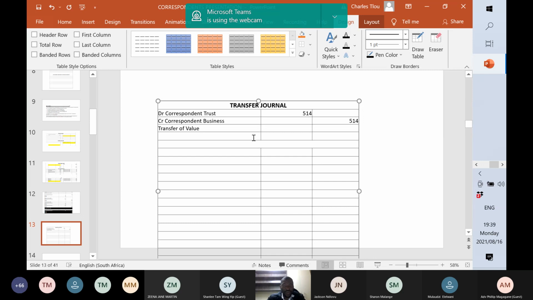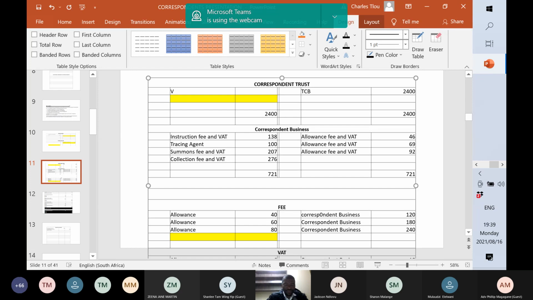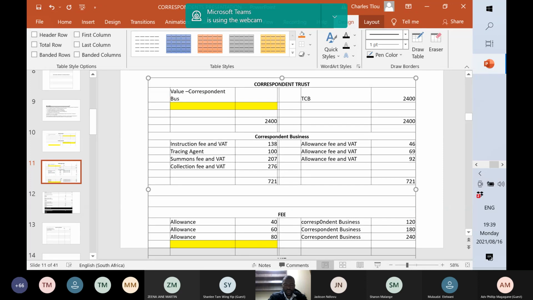Now, as soon as you record your transfer journal like this, you can post this transaction to your ledgers. It says here, debit correspondence trust. Now you need to go look for the correspondence trust and debit. This is the correspondence trust. You come here and say transfer value, correspondent, and that amount is 514.